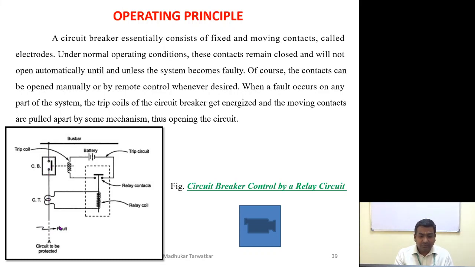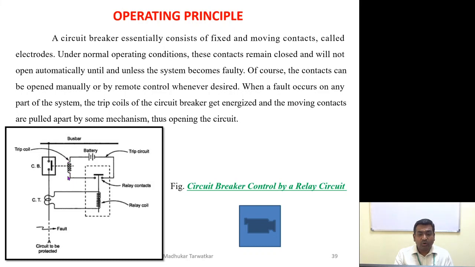But when there is a fault on the system, what happens? The excessive amount of current flows through the CT, which will now energize the relay coil. When the relay coil gets energized, the relay contact gets pulled down, thus closing these two contacts. Now the battery circuit is completed, giving supply to the trip coil of the circuit breaker.